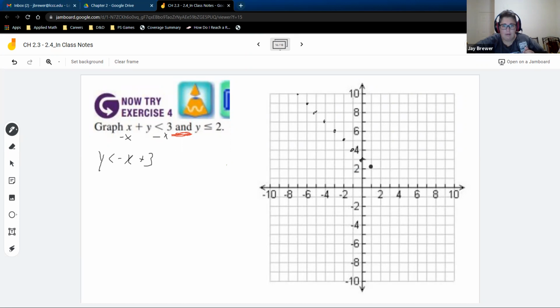And then down and to the right, down and to the right. Again, it's falling along the same diagonal. You guys can see there's no equal to part, so you are going to do a dashed line.